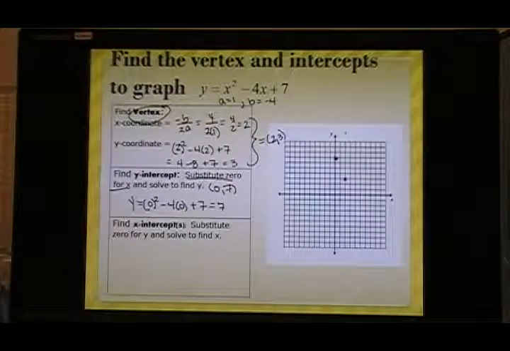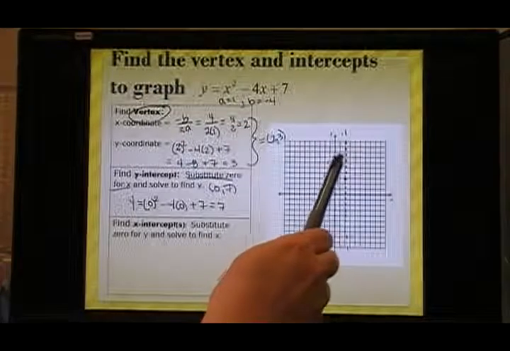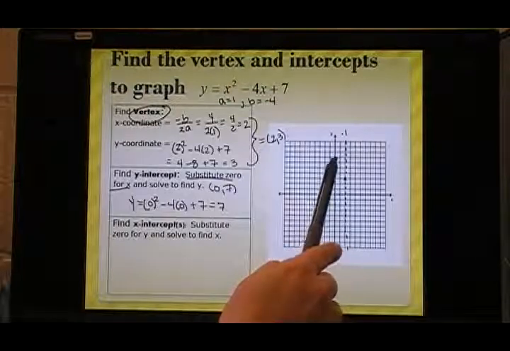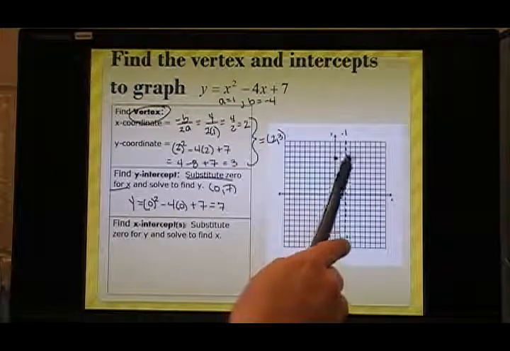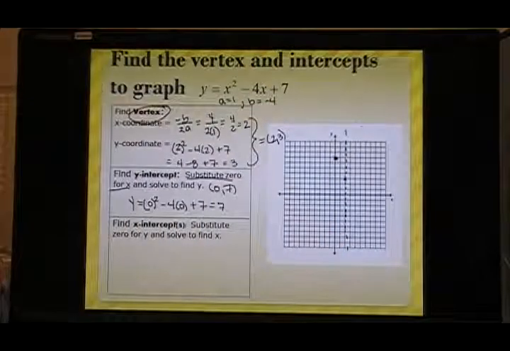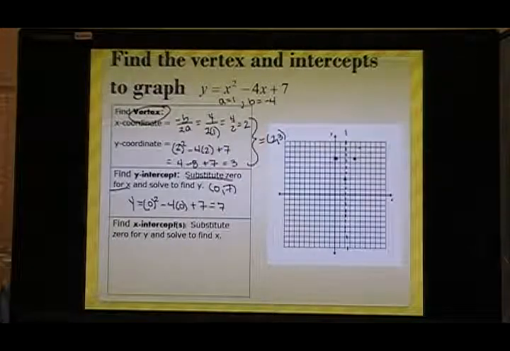And again, we can go ahead using our axis of symmetry to see that if there is a point here, 2 units to the left of the axis, there should be a corresponding point 2 units to the right. And we can see that our parabola looks like this.